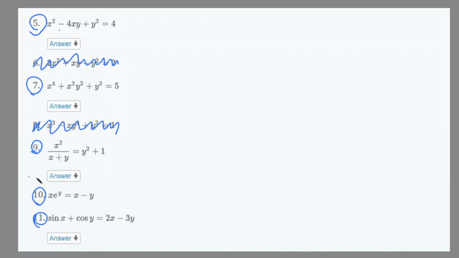Alright, so let's try number 5. Number 5 is x squared minus 4xy plus y squared equals 4. So we rewrite it as a derivative in terms of x using implicit differentiation. We would have 2x minus, and so this is going to be a product rule here, so we're going to do negative 4x multiplied by y.